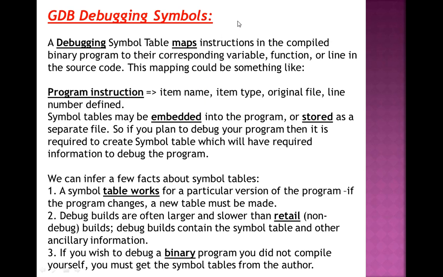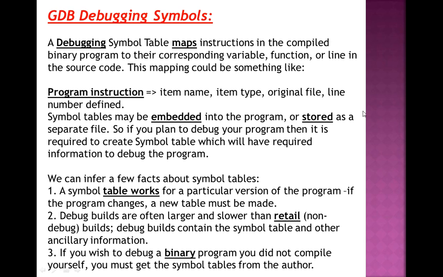There are multiple debugging symbols available in the debugging method, so that we can map a function to a variable, function, or line of source code. The first symbol is the program instruction, which contains the item name, item file, original file, and line number defined.